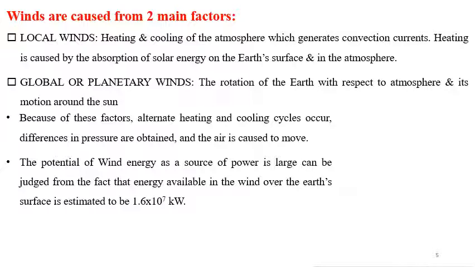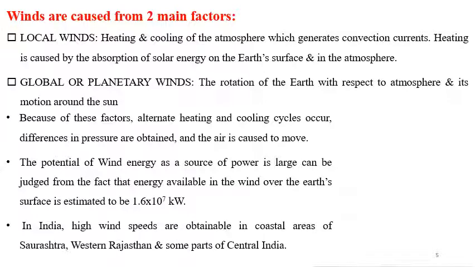So we come to know that the potential of wind energy as a source of power is large, and can be judged from the fact that the energy available in the wind over the earth's surface is estimated at about 1.6 times 10 to the power 7 kilowatt. In India, high wind speeds are obtainable in coastal areas of Saurashtra, western Rajasthan, and some parts of central India.